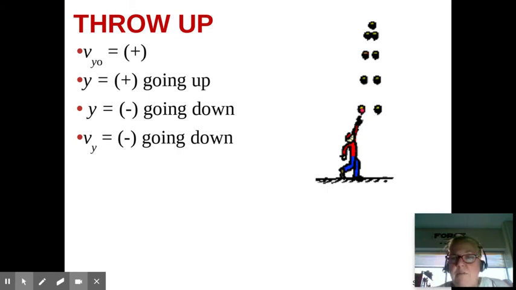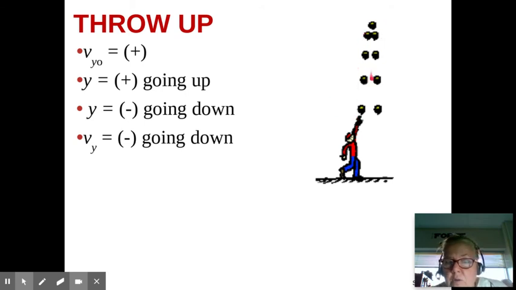So as it goes up, gravity's slowing it down, reaches a velocity of 0, changes direction. All right. And even because it's changing direction, it's accelerating. And then it starts to fall back down. And as it falls back down, it's accelerating. So going up, we have an initial velocity right here of 0. Going up, the y is positive.